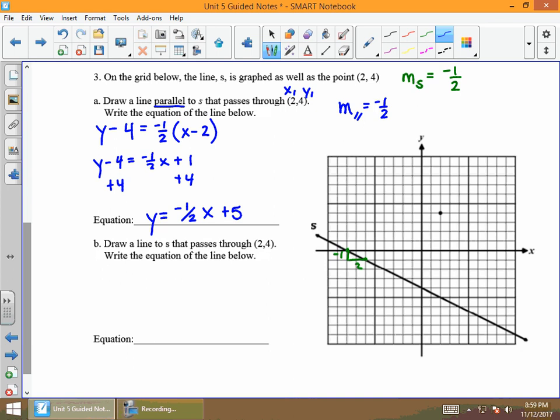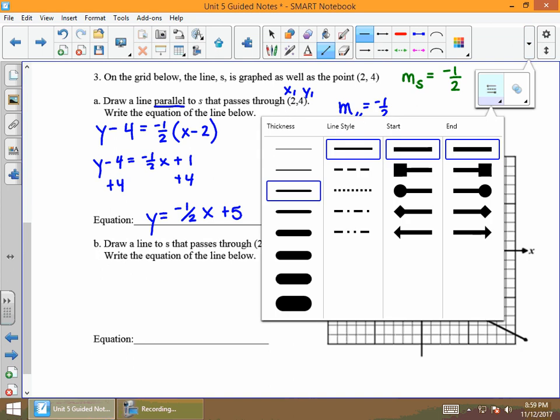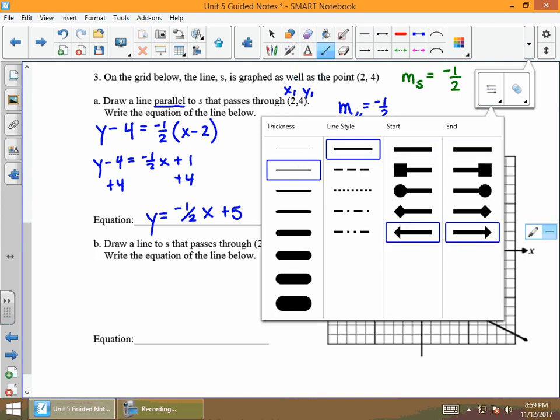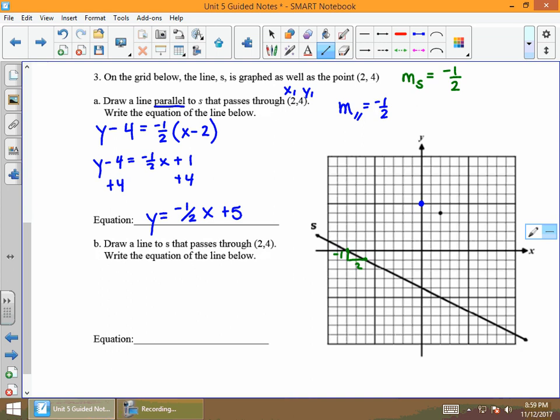And if I needed to graph that, plus 5, 1, 2, 3, 4, 5 means it has to go through that y-intercept. There's a line that is parallel to S and goes through the point 2, 4.